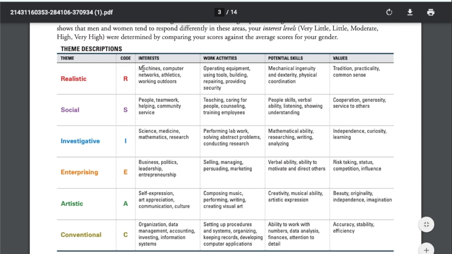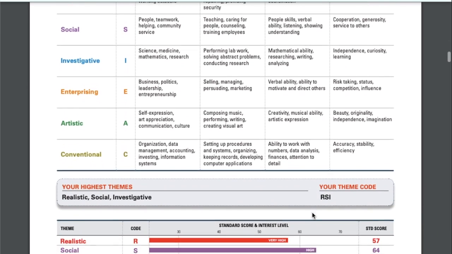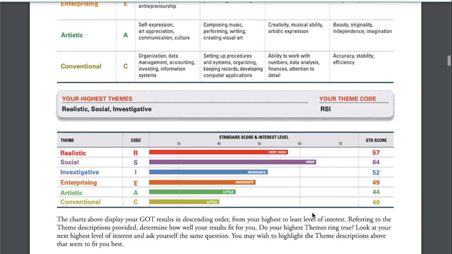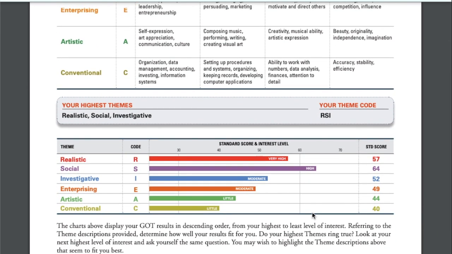Then it gives you your interests, your work activities, your potential skills and values. These scores are compared to the average scores of your gender to determine your interest levels for each of the 6 themes. And this is your code where you score the highest of the 3 themes, and with that you can explore further into what your career choice would be.